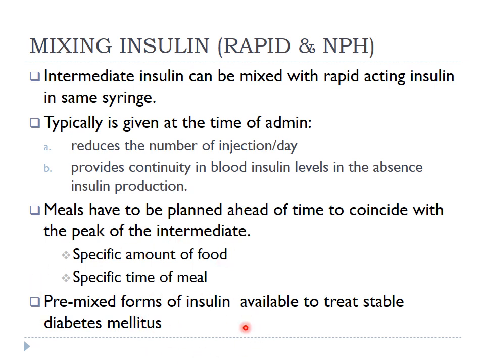Premixed forms of insulin are also available, which are used to treat stable diabetes. So you can either manually mix up rapid and NPH in the same insulin syringe, or it can come pre-mixed in set portions, and we'll talk about that as we go through here as well.